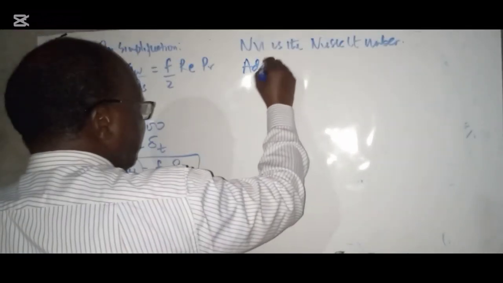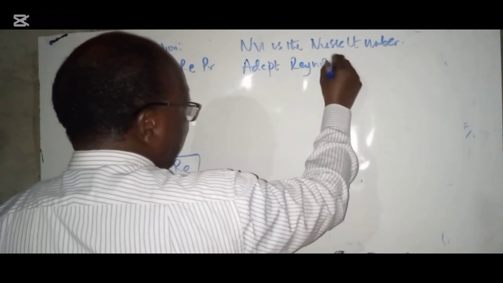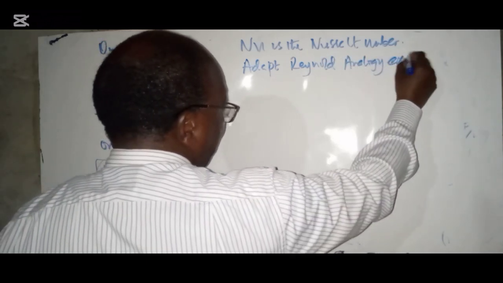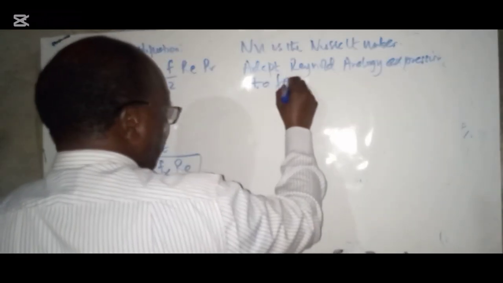Now we notice very important quantities. Suppose we wanted to adopt the Reynolds analogy expression to flow in a tube.